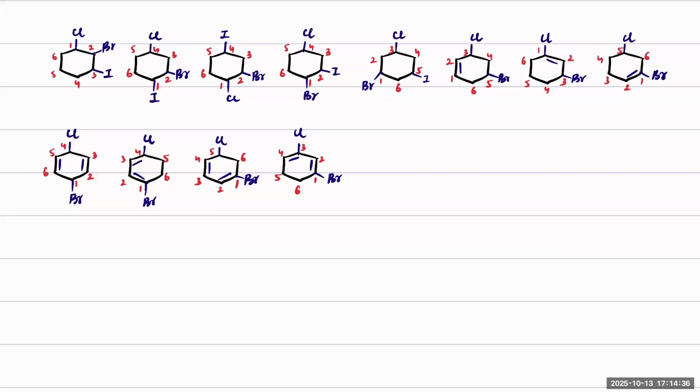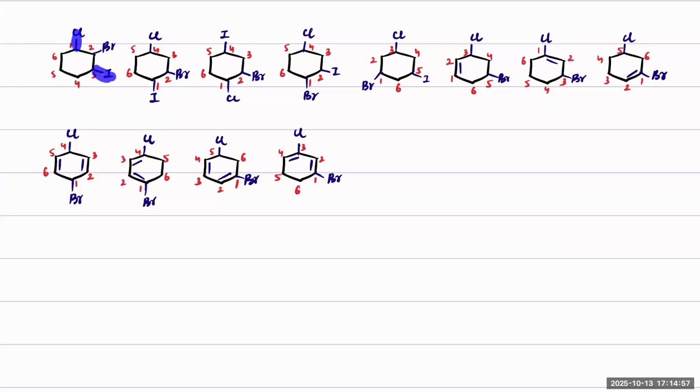Now check one by one whether you got them right. See, I'll give you one statement reasons. First thing, whether you go right to left, left to right, clockwise or anti-clockwise, you'll get the same numbering. Because you get same numbering, alphabetical order or the precedence is being followed. So chlorine is more preferred compared to iodine.